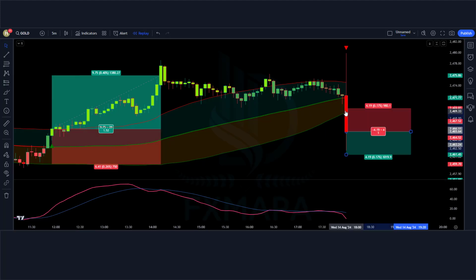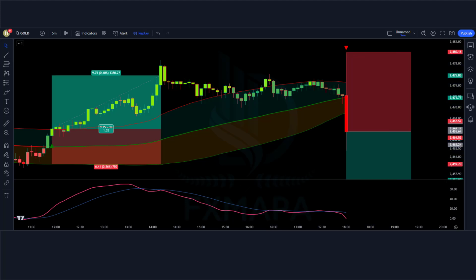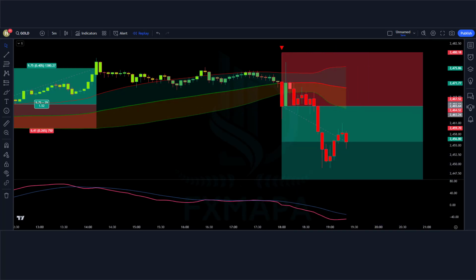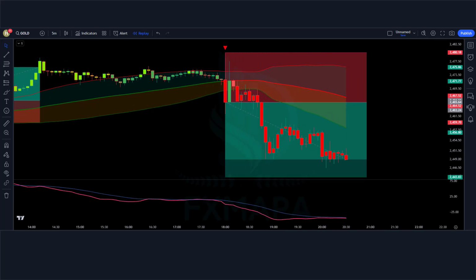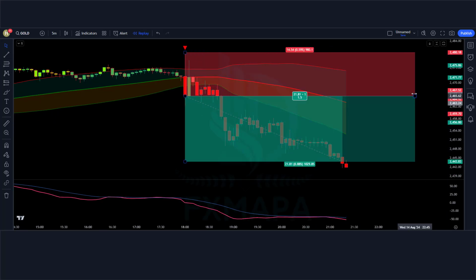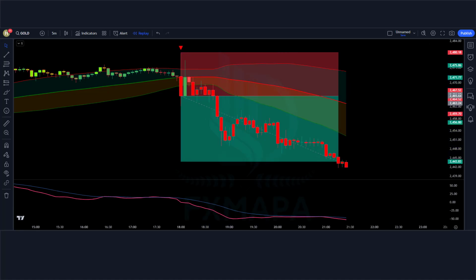Our stop loss will be placed at the upper band. And the risk to reward ratio will be 1:1.5. Let's see what happens to our trade. Our trade is running in profit. We have won the trade. Wait for the next signal.